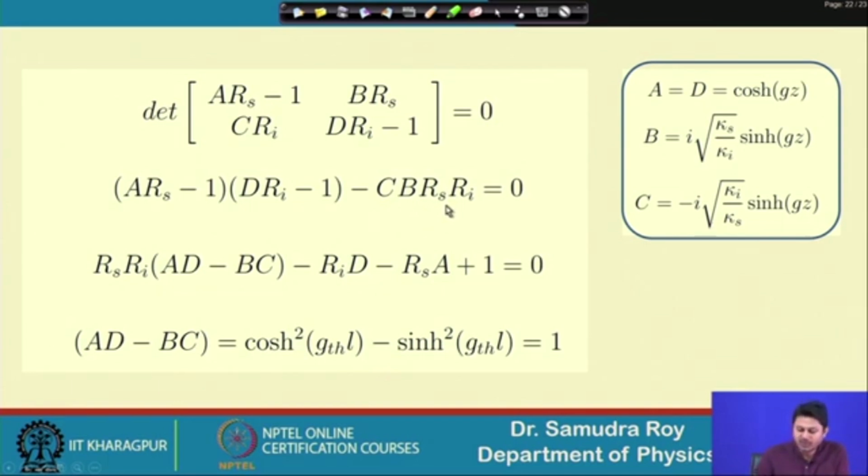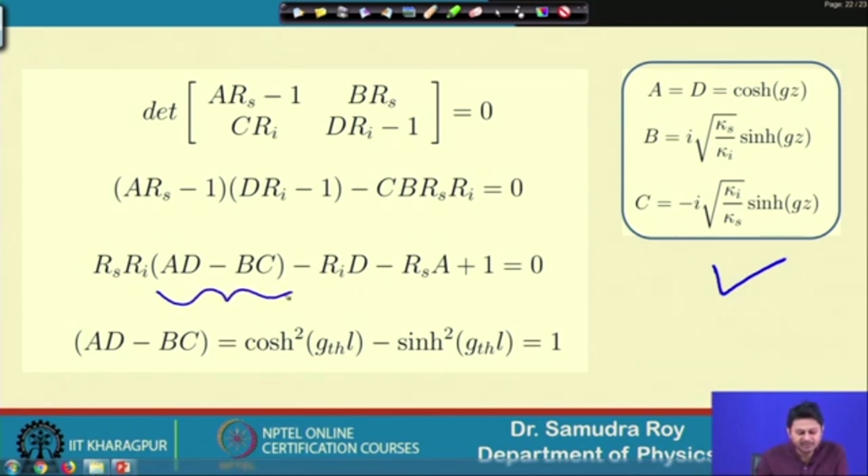But you should remember the values of A, B, C and D. These are the matrix elements, and their values are already calculated. So, what do we do right now? We take R_I R_S common from this expression, and I will have AD minus BC.